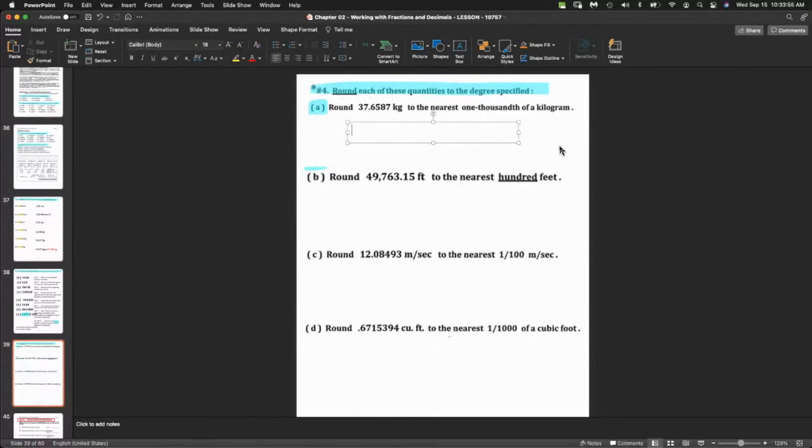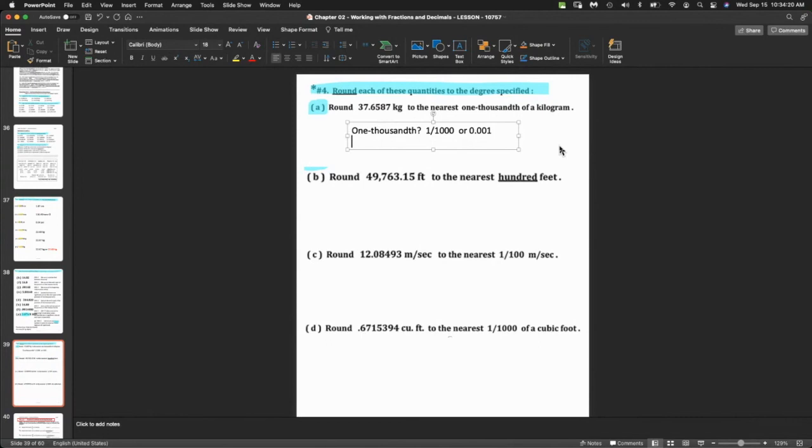Round this number, this measurement, or quantity if you want, to the nearest 1,000th of a kilogram. What is 1,000th? Well, that's this, okay? If you want, you can say 1 over 1,000 or 0.001.